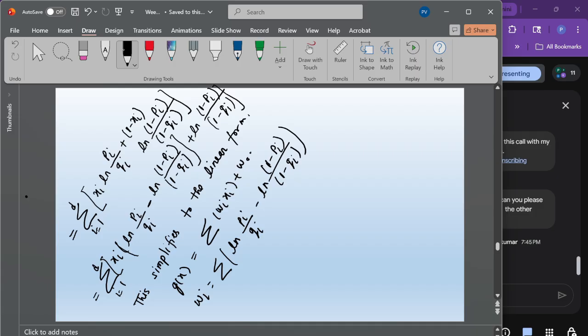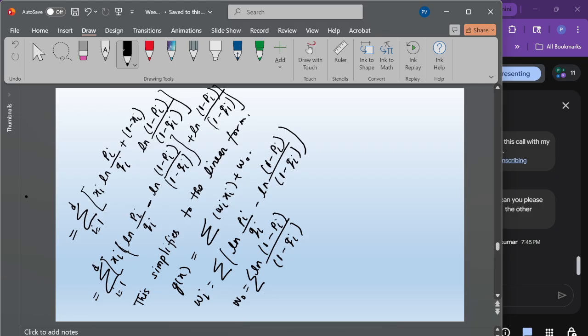And w0 is this part, where wi is the weight and this one is the bias: ln of 1 minus pi by 1 minus qi, with a summation also. So this is the simplified linear form. Now we will put the values in this.